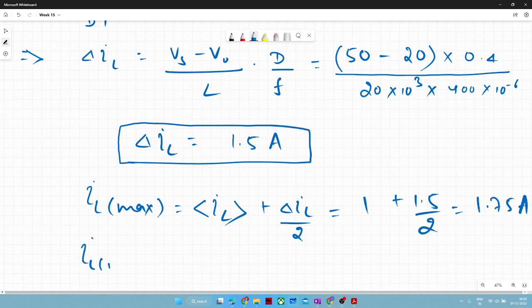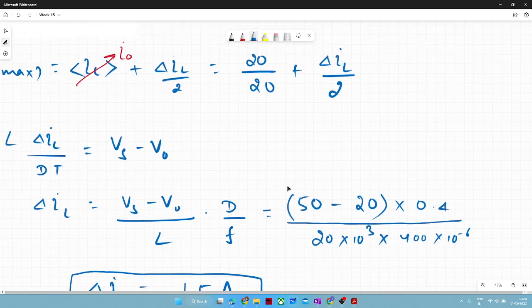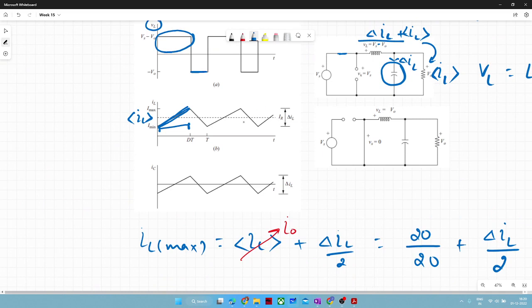Similarly, IL min we can calculate with the help of IL minus del IL by 2, and that will be 1 minus 0.75 and it will be 0.25. So this inductor current, we will identify it from graph.